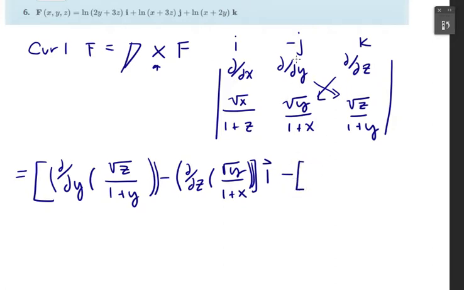And so for J, we ignore the J column. We start with this.